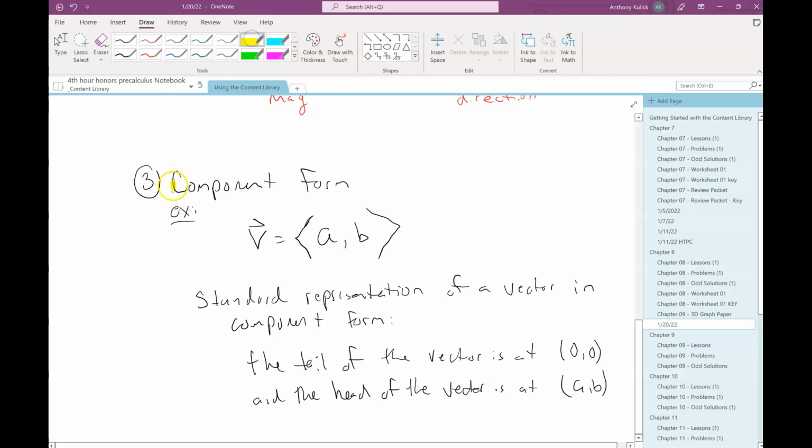So when we say component form, really we're talking about a vector whose tail is at the origin and whose head is at the point represented by that component form.